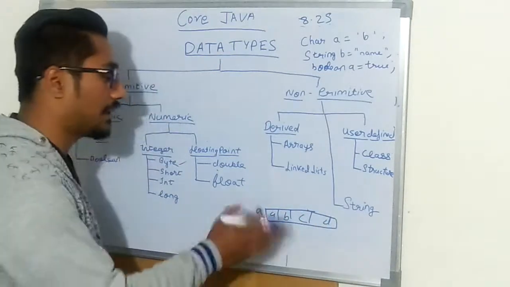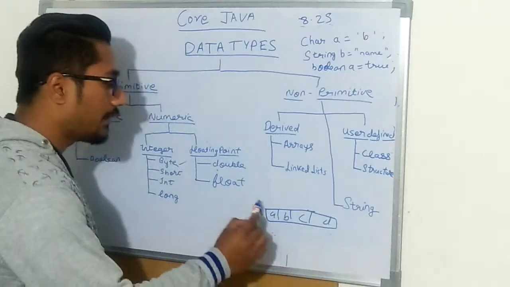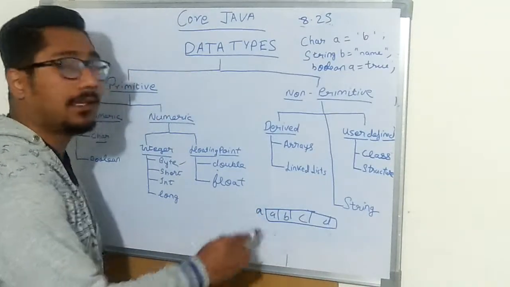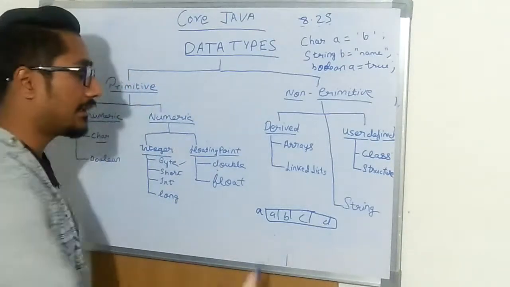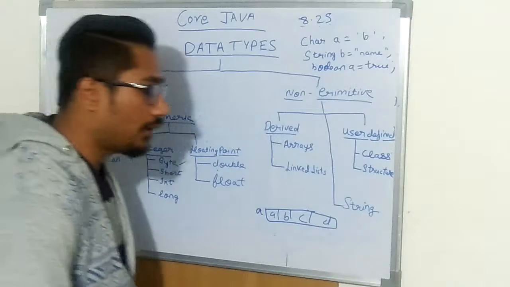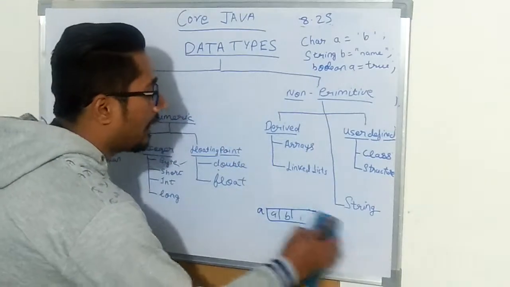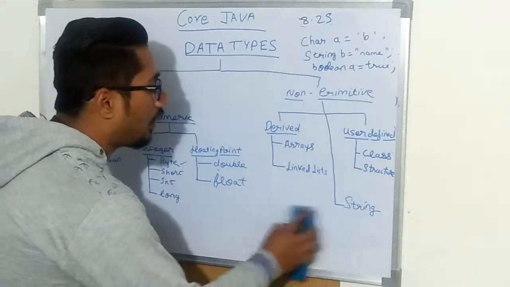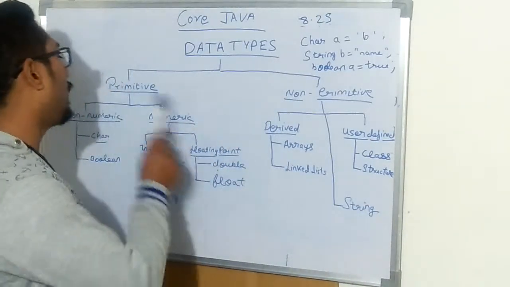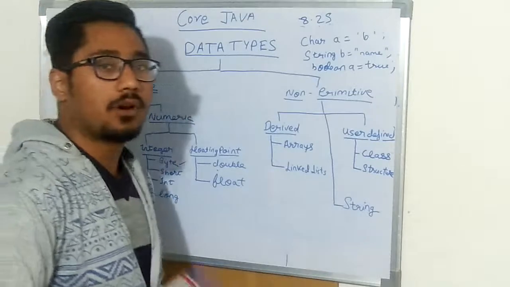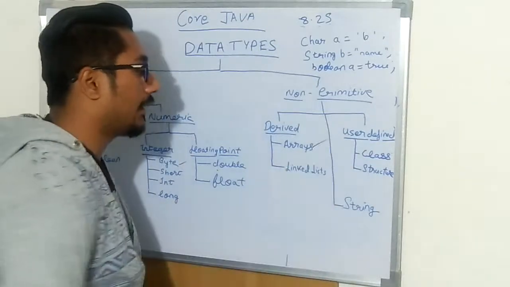I declared it previously, so this is the array which I named A, if you remember, and these are the values stored in it. This is how an array looks and how it stores values in your computer's main memory. So I think you've got the point why we call an array a derived data type, because it is derived from a pre-existing data type. I think this point is clear.